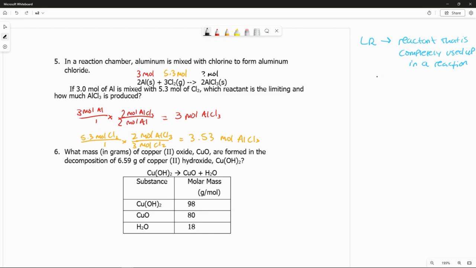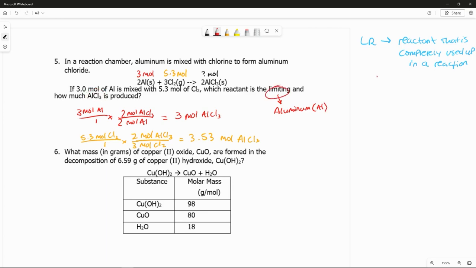So in this scenario, the limiting reactant is going to be aluminum, because when we had 3 moles of aluminum, we could only produce 3 moles of AlCl3, while in the scenario we had Cl2, we could produce 3.53 moles of AlCl3. So the limiting reactant is going to be aluminum, Al. And how much AlCl3 is produced?